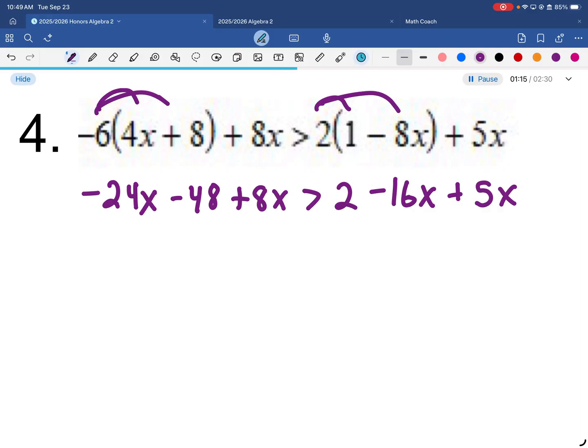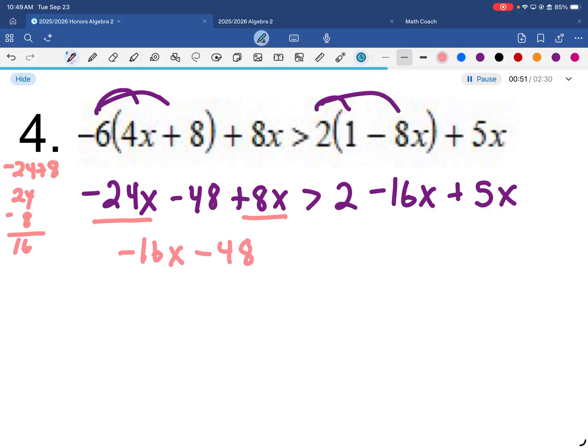Whatever. Combined term step is up there.